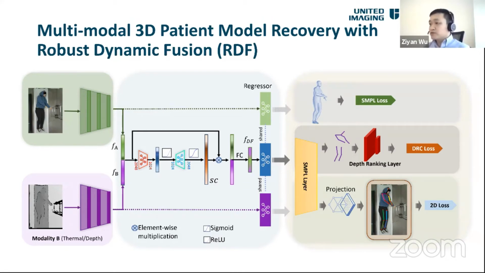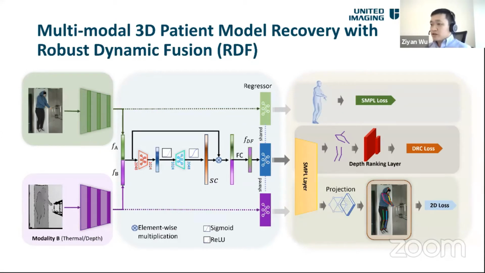So that's why we propose a new constraint called depth ranking consistency loss, which combines the depth data we have and the 2D annotations of the human pose and converts it into a near 3D annotation.